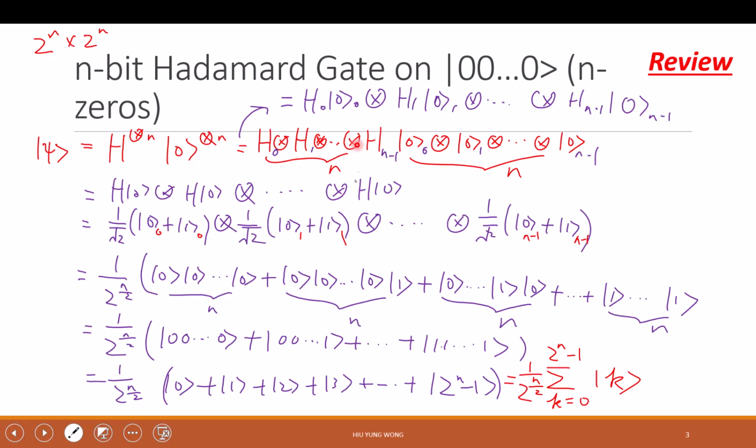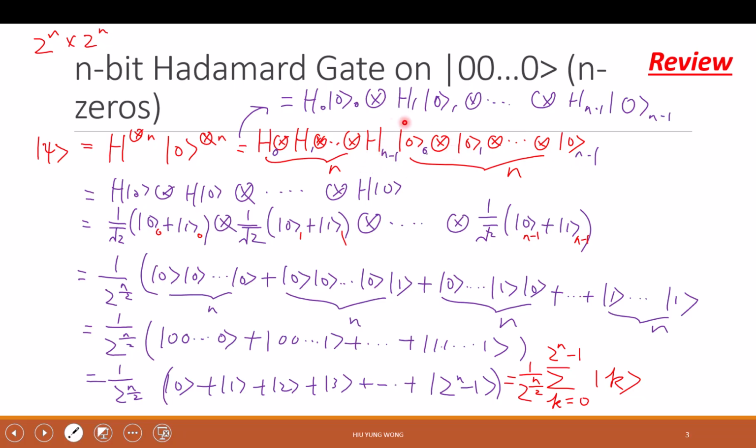And same, this operator is applied to this basis state 0, 0, 0, 0, 1, all the way to n minus 1. So this operator can apply to which qubit state? Which state can receive H n minus 1? 0, n minus 1, right?